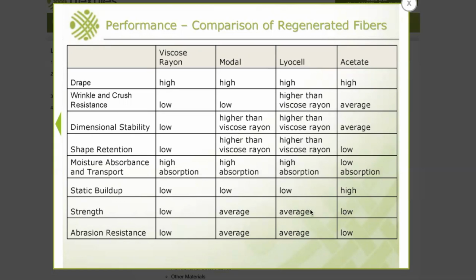Modal and lyocell are a little bit better with strength and with abrasion resistance. Strength and abrasion resistance are very much related. So if a fiber has tensile strength, it usually has good abrasion resistance as well. So you can tell these two fibers are a little bit better than rayon and acetate.